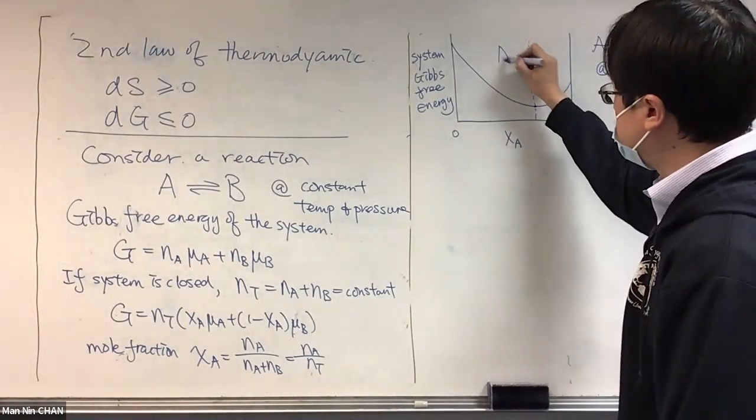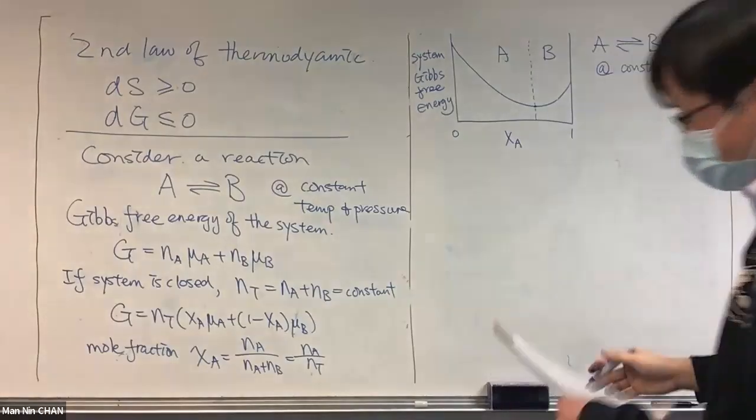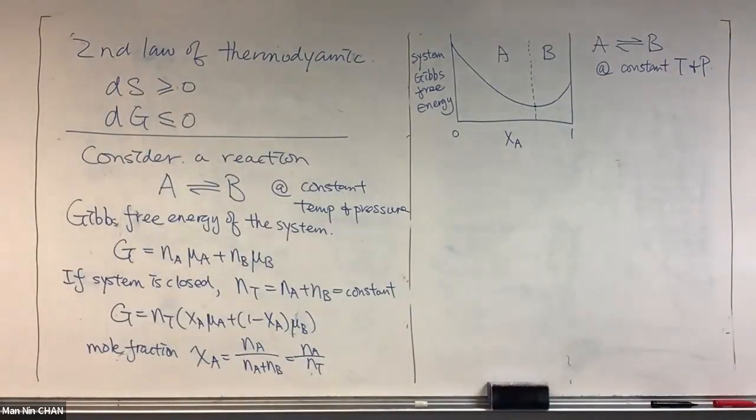Then I can divide this into two regions, A and B. Let's start our discussion in region A here. Remember, for a system, dG tends to decrease.